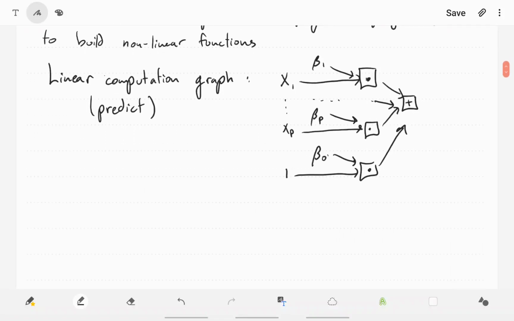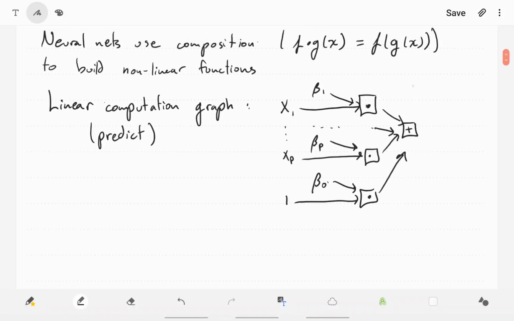Of course, you can write this more succinctly as your x and your beta, applying a matrix multiply to this, and then you could add in the intercept there. So that's the basic idea for a linear predictor computation graph. Now let's think about neural nets.